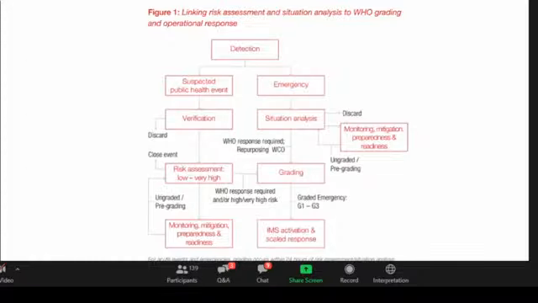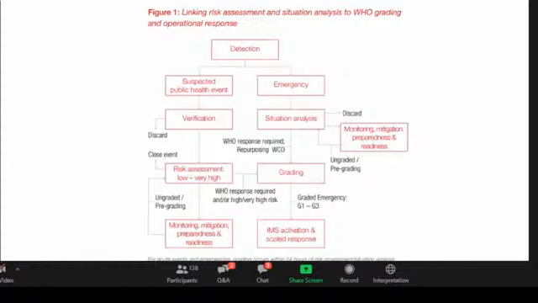Okay, so in this Conops, we also need to define the levels of response and then the grading of your event or emergency. And in this framework, we have the high-level description, like this Conops chart, of how to do a risk assessment and how to link to the operational response.